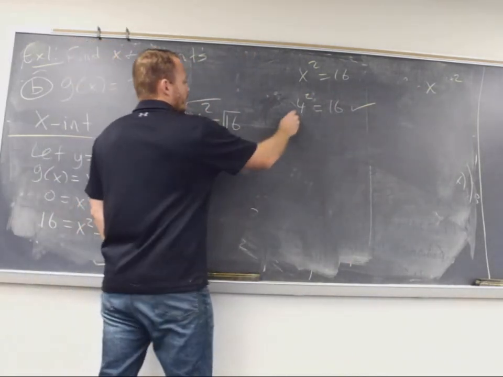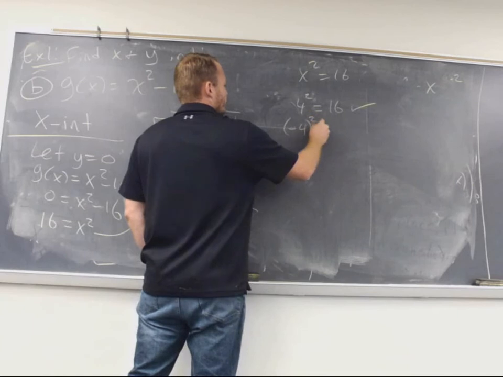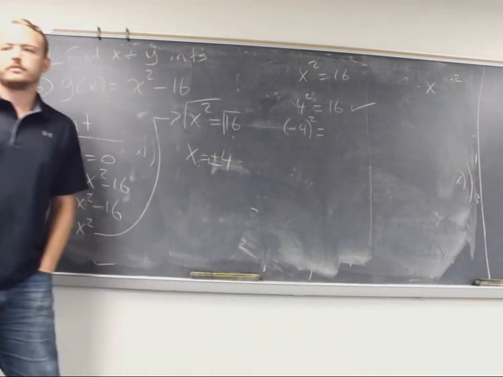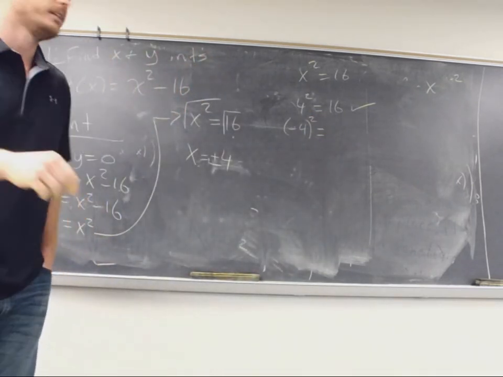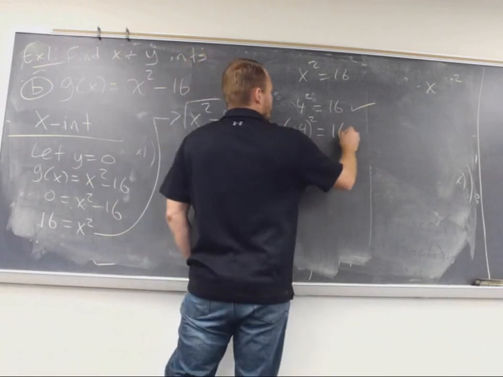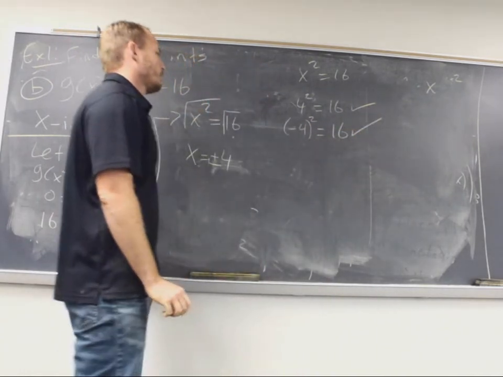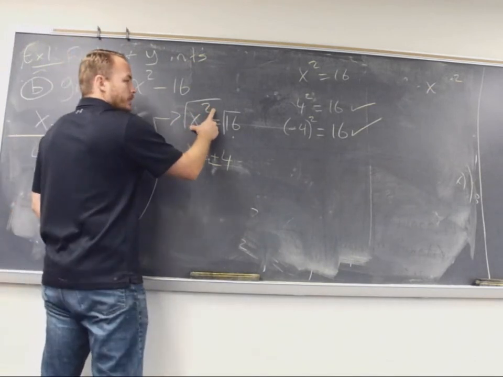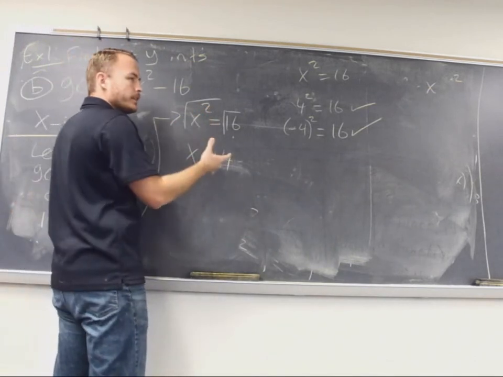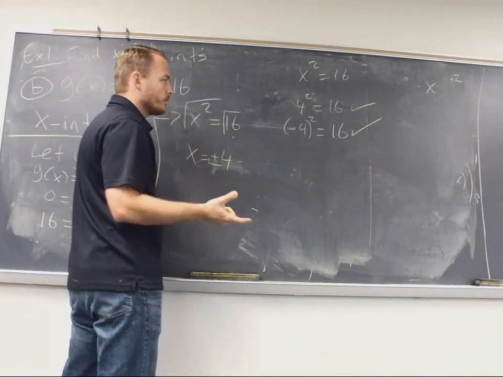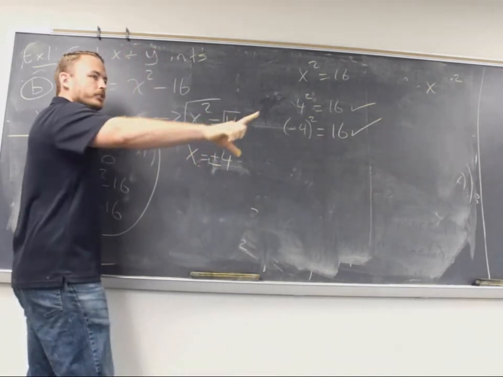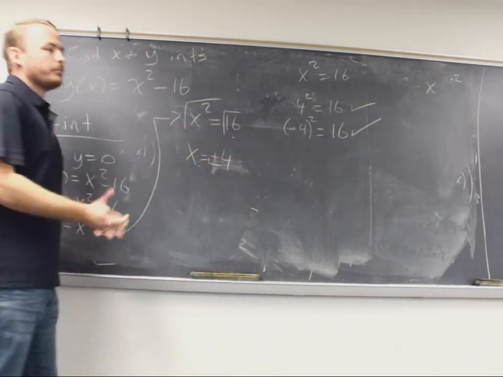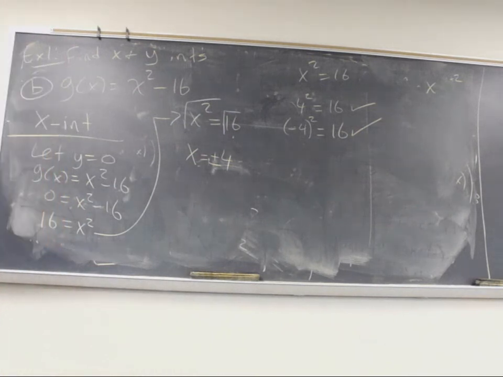Now I want to plug in negative 4 squared. Well, what does that equal? That equals 16. So both of those are the correct answer. You have to be careful because we had this squared in here, and when you're squaring something, the negative doesn't matter anymore. And when you introduce that square root and you strip out that squared, you have to make sure to account for both the plus and the minus.